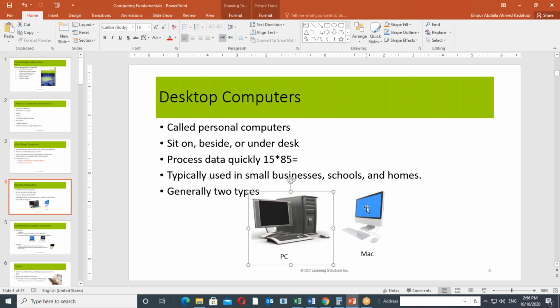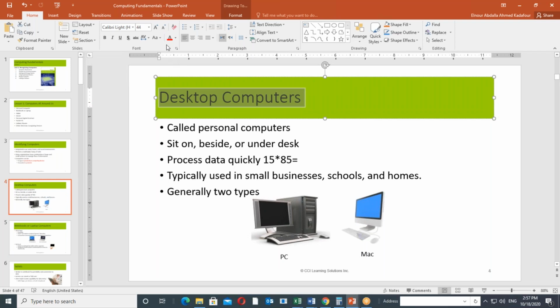Vice versa, the software for a Mac is not suitable for the PC either. Got it? So I'm going to stop at slide number 4, the desktop computers, and next class I will continue from slide number 5.